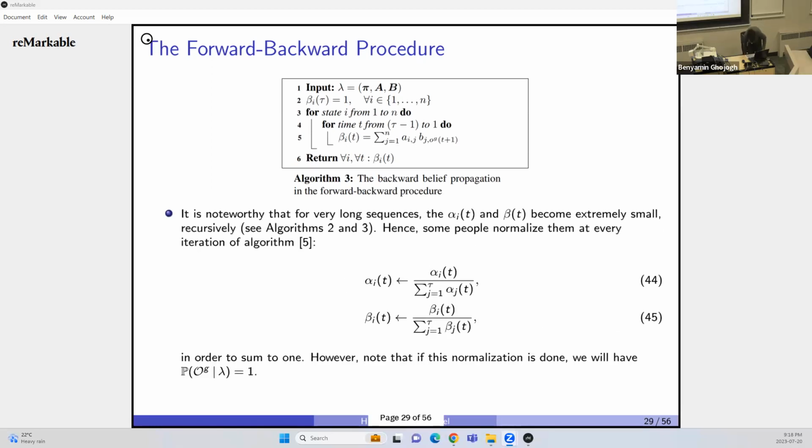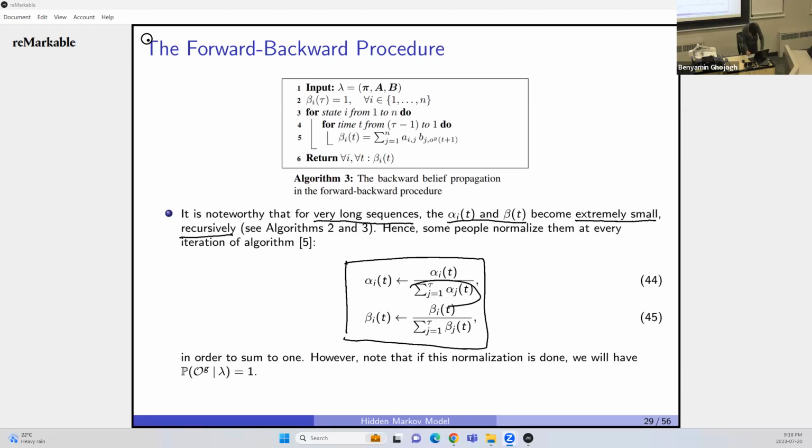It is noteworthy that for very long sequences, alpha and beta become extremely small, right? Similar to the problem of vanishing gradients in deep learning. Because when you multiply very small numbers by each other, they become too small. Hence, some people normalize them at every iteration.